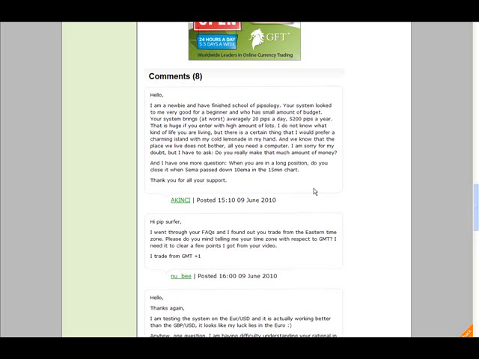I would recommend not to look at dollar amounts, but look at your percentage return, because if you can consistently make a good percentage return on your account, then it doesn't matter what the dollar amount is, you are profitable and you are successful. So hopefully that helps you.